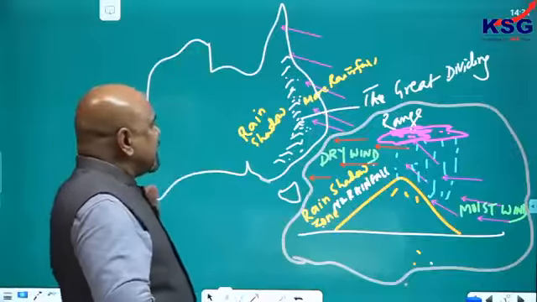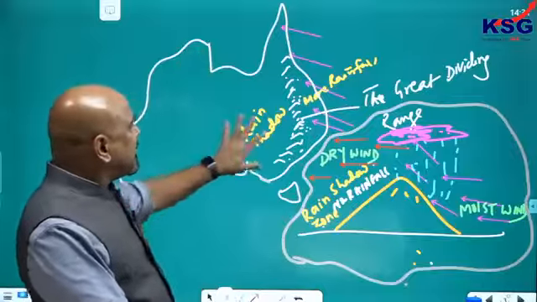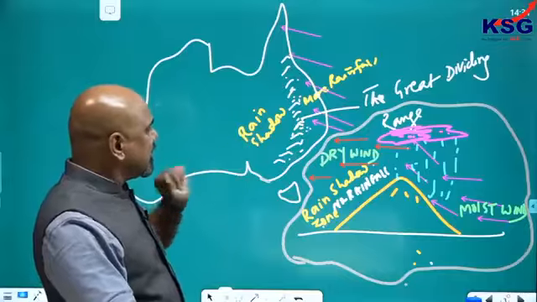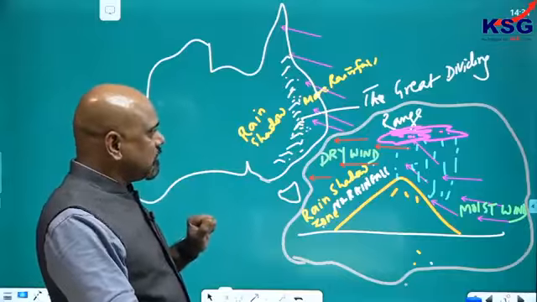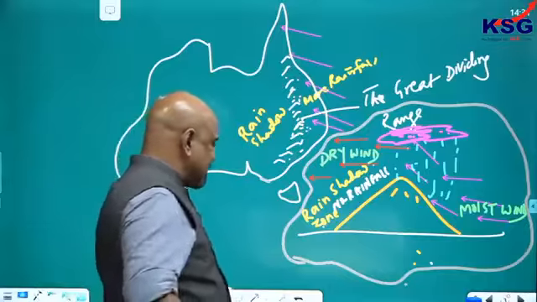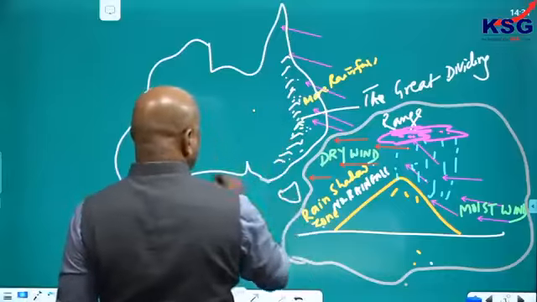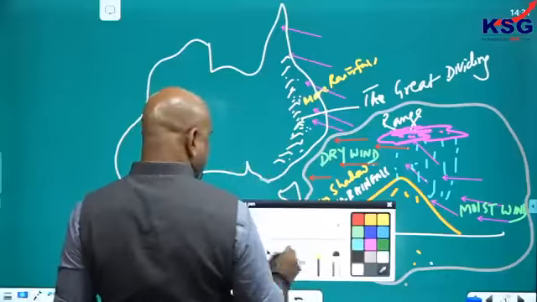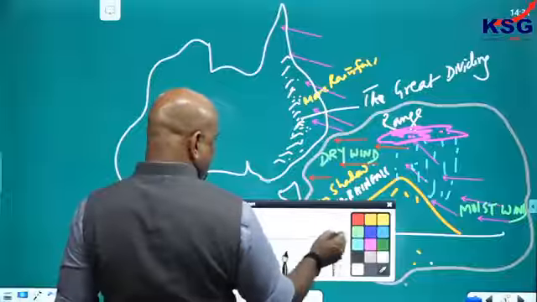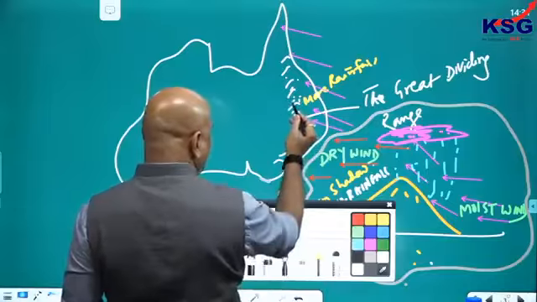Now, this area is a rain shadow area, so rainfall is less, but you see a very interesting thing. This region is drained by a river here. Can you see in your atlas what that river is? A river drains from these regions.